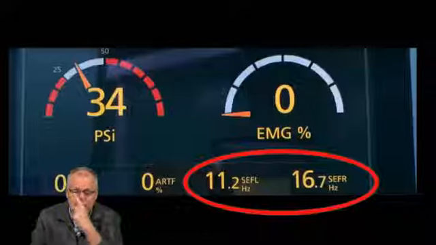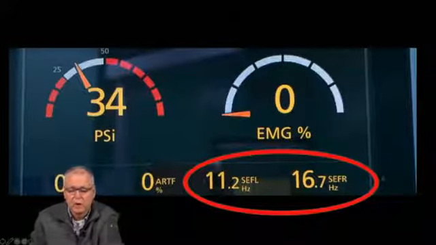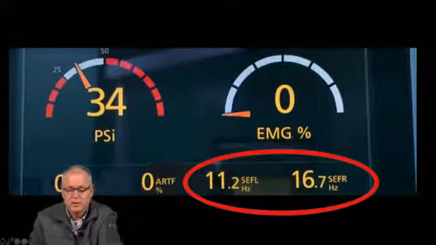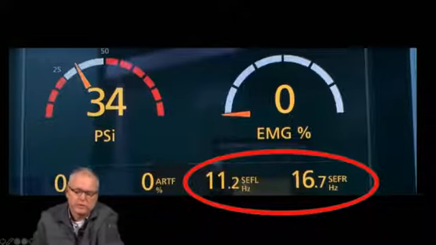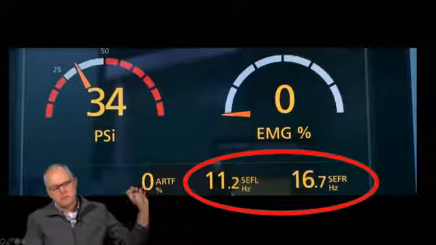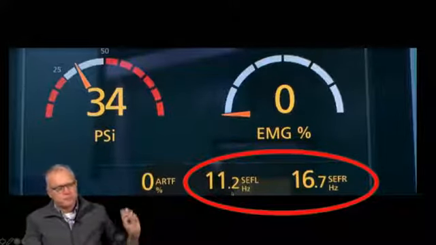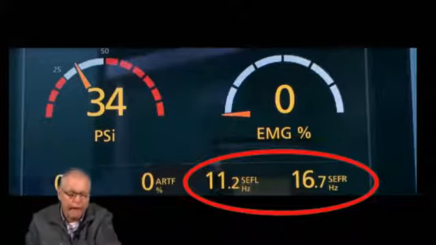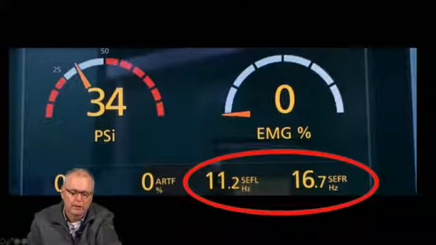This is interesting because it's presented on most processed EEG displays. It's right there. This one, for example, is spectral edge frequency left hemisphere, spectral edge frequency right hemisphere. And so this is saying at 11.2 hertz, 95% of the frequency versus amplitude power is below 11.